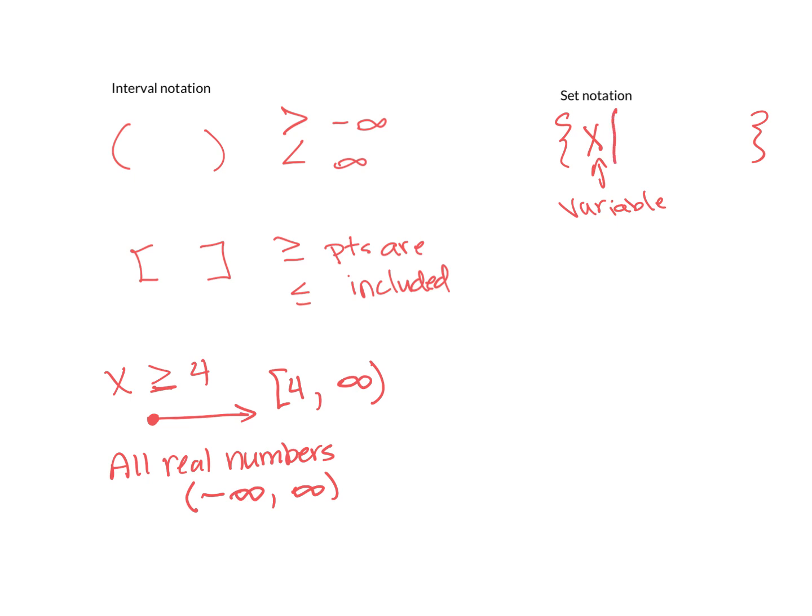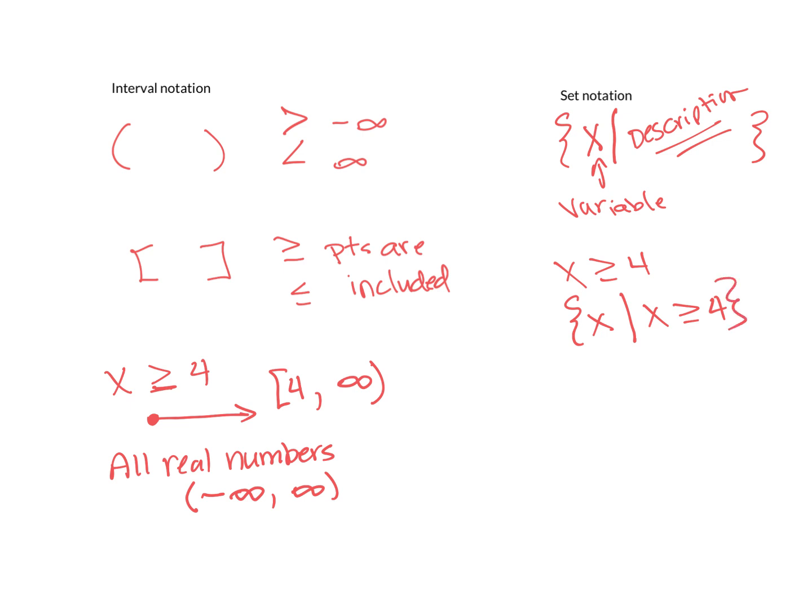And then this is going to be a description of what my x values are. So in that same problem, x is greater than or equal to 4. For set builder notation, I would write curly brace x because my variable is x, bar, and then my description, x is greater than or equal to 4, is what I'm going to put there.